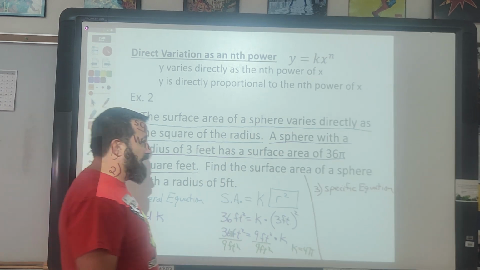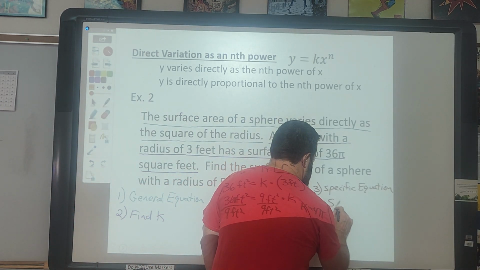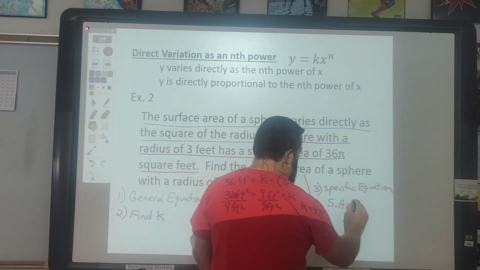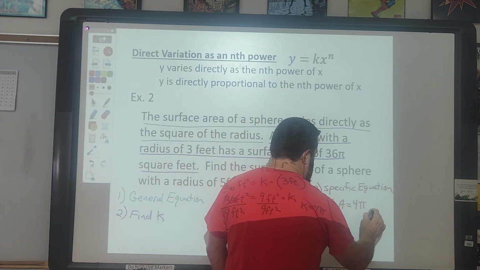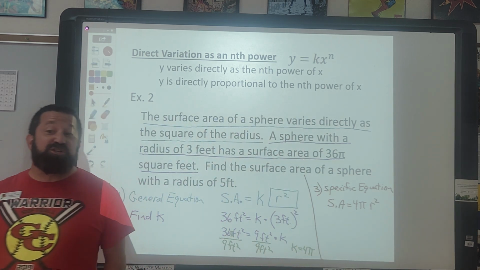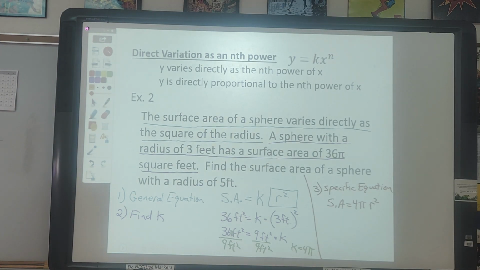So my equation now is going to be surface area equals, my k value is 4 pi, so it'd be 4 pi times r squared. And if you have studied surface area at all in previous classes, you would know that the actual formula for the surface area of a sphere is 4 pi r squared. Okay, so you can see that this fits with what I have.